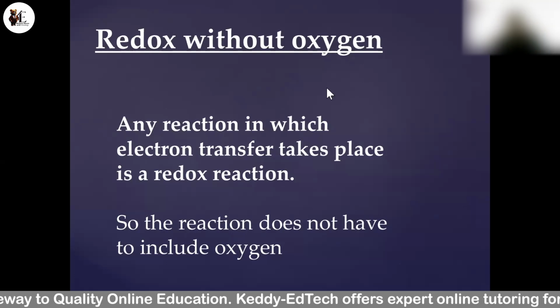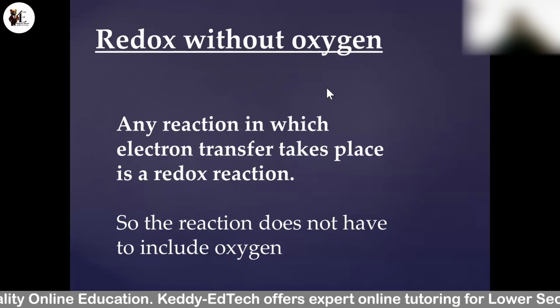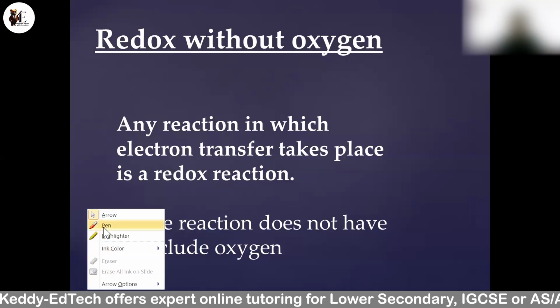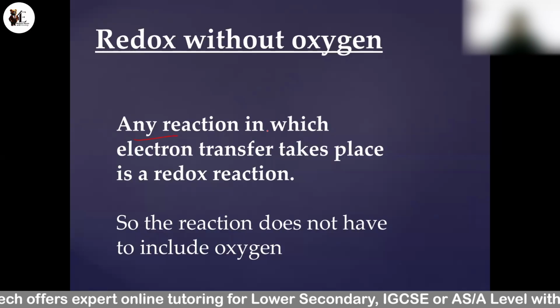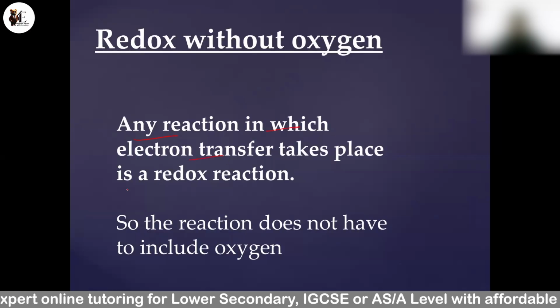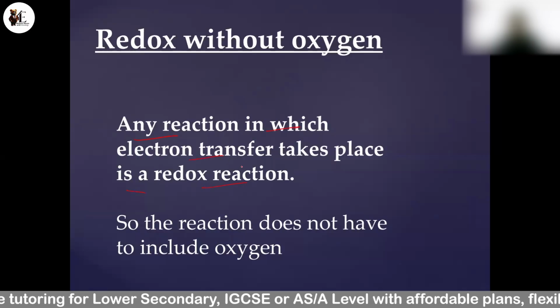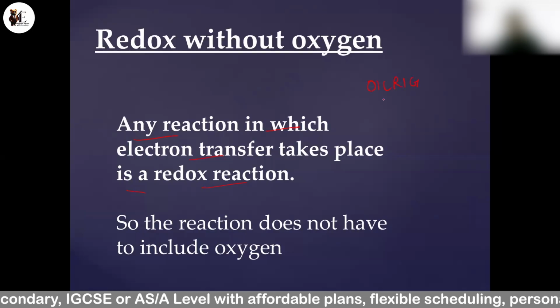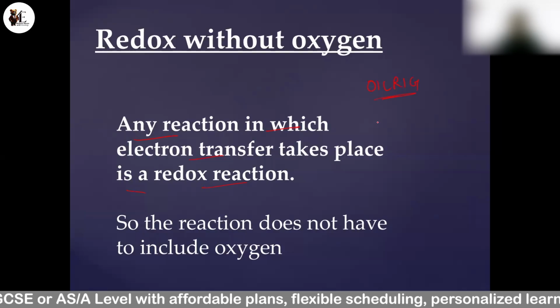So today we are going to do the redox reaction, that is, redox without oxygen. Redox without oxygen means any reaction in which electron transfer takes place is a redox reaction. We have studied OIL RIG.